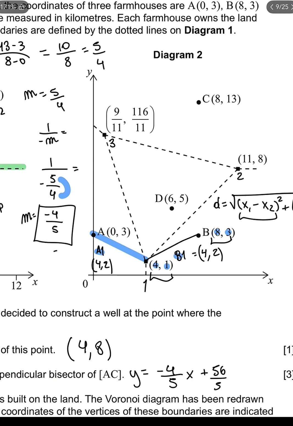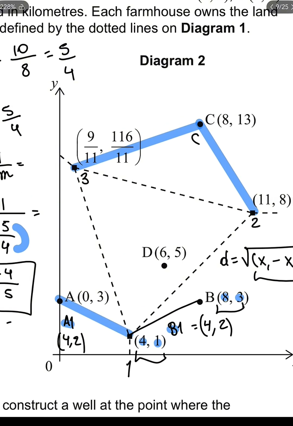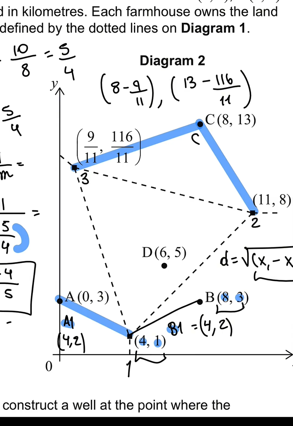So now let's look at C3 and C2 to see which one is C near. So I have 8 for my x value, I have 8 minus 9 over 11, and for my y I have 13 minus 106 over 11.